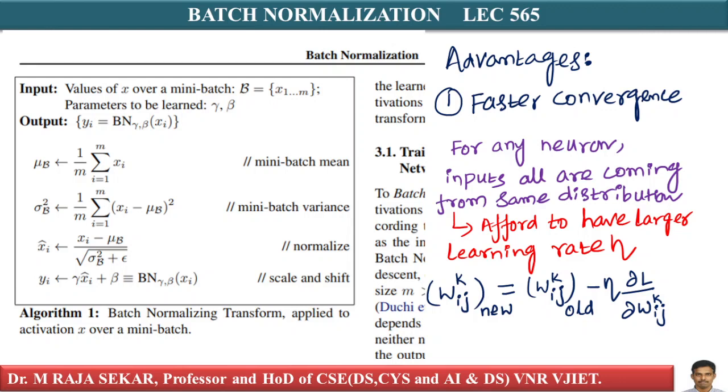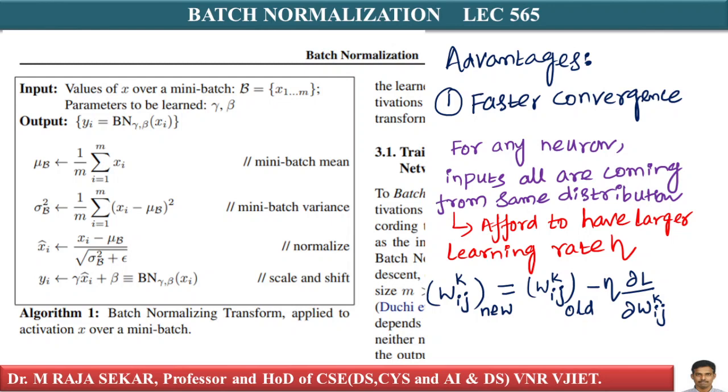Wkij new equal to Wkij old minus eta into dou L by dou Wkij. Because all your inputs are coming from the same distribution, you can afford a larger learning rate, which means you are going to converge faster. If eta is large, your new value is slightly away from the old value, which means you're converging faster.